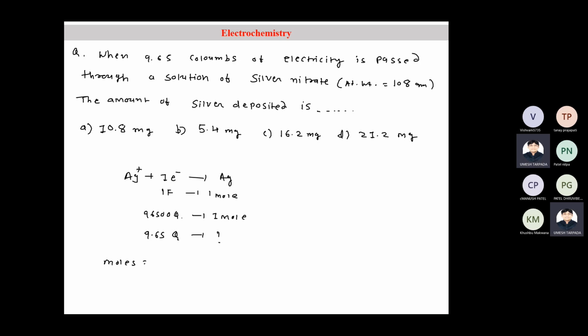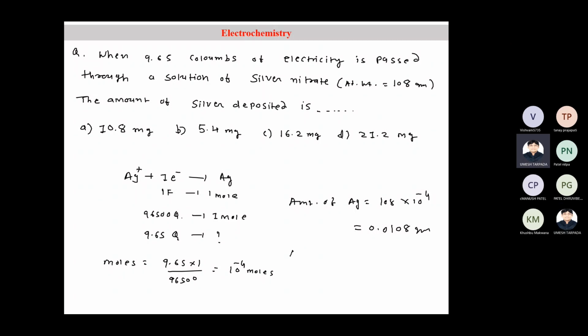So moles is equal to... amount is equal to 108 into 10 raised to minus 4, that is 0.018 gram. We want the answer in milligram, so multiply with 1000.